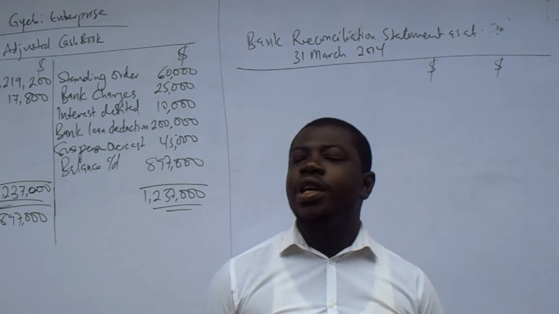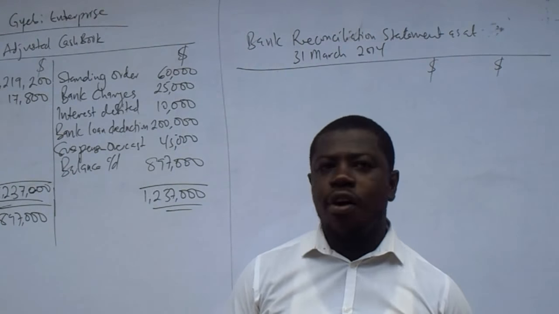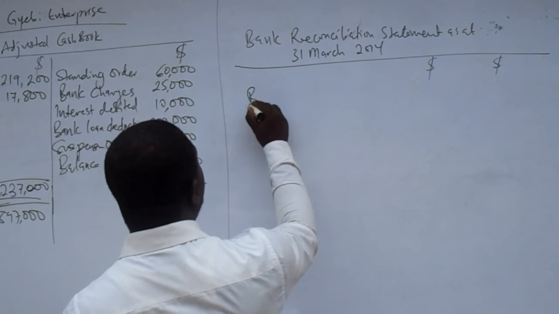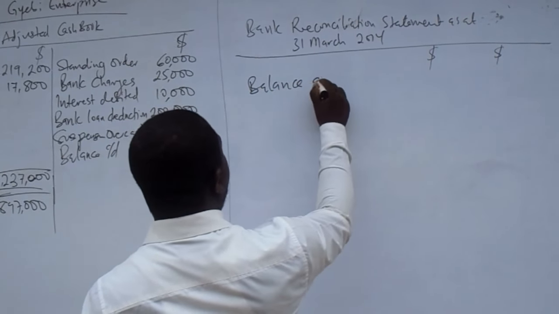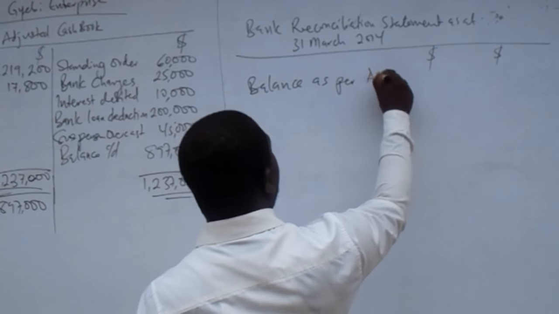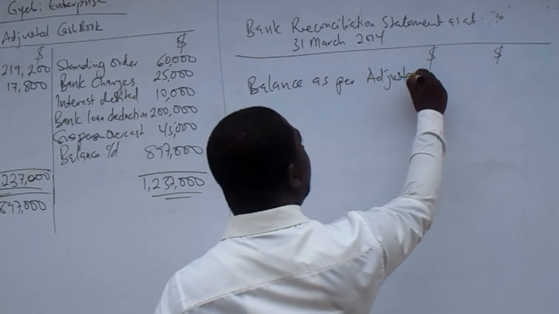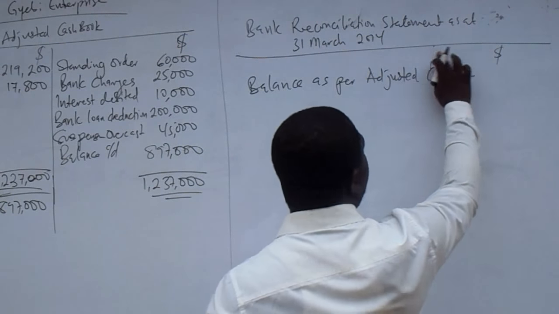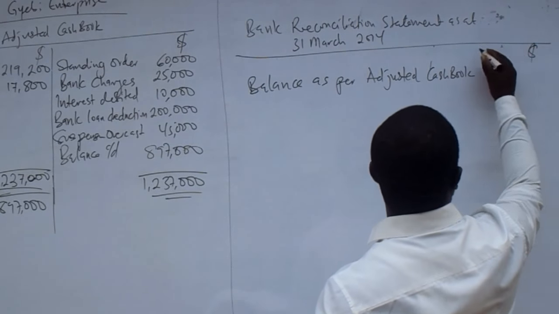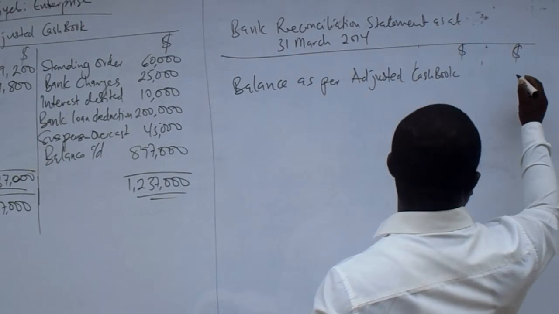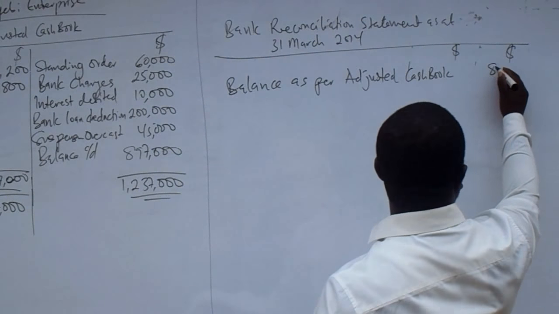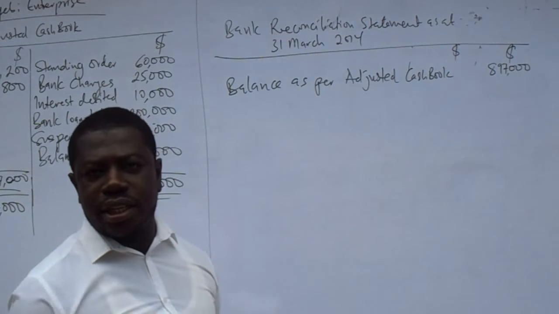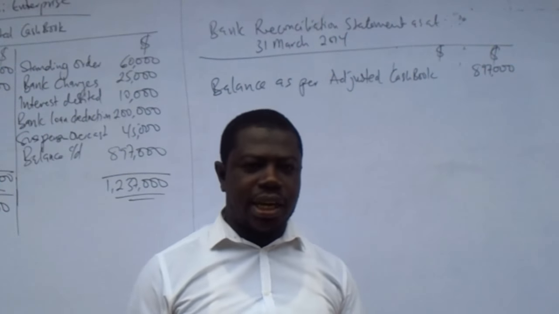Okay, so we start with the adjusted cash book balance. And so we'll say balance as per adjusted cash book. That is 897,000. That is the balance that we got from our adjusted cash book.